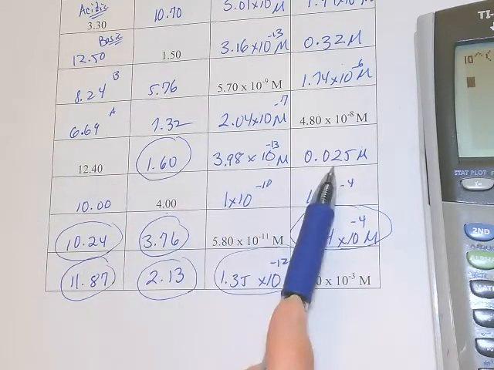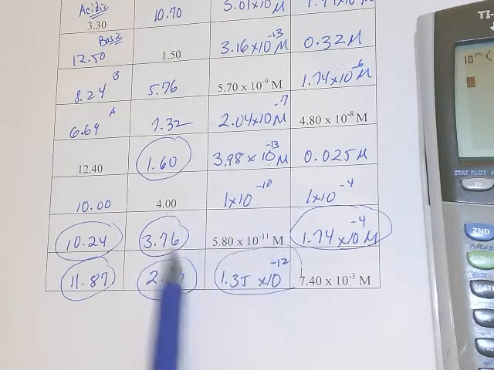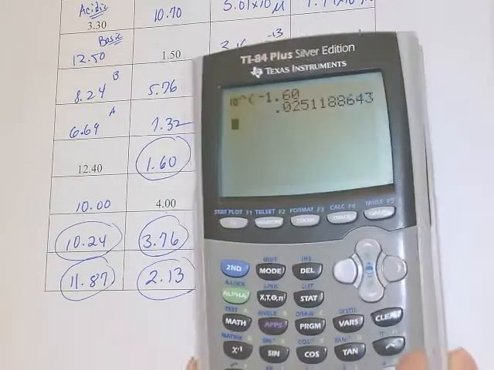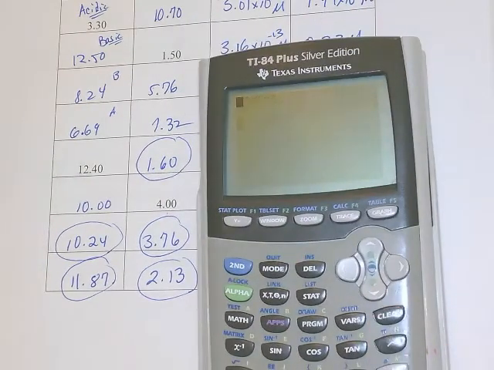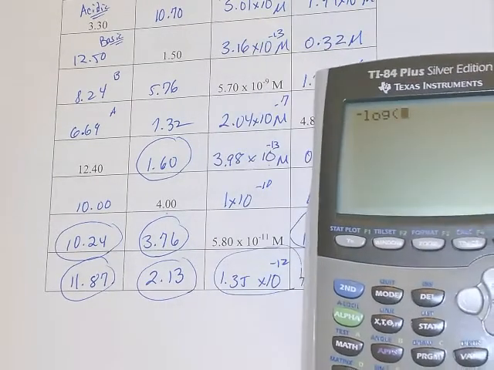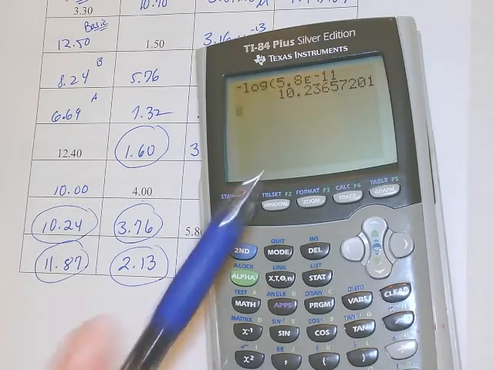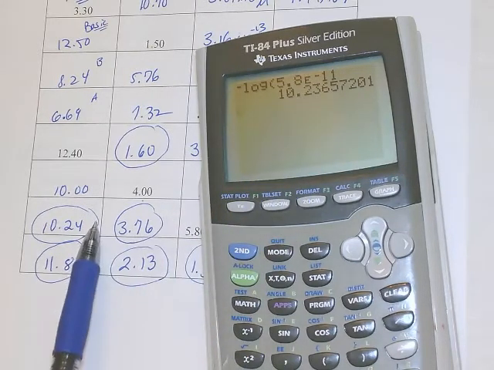We did this one together. So here you were given the molarity of the hydronium or hydrogen ion. So if you negative log your concentration, 5.8 times 10 to the negative 11, it will give you your pH of 10.24, again 2 decimal places.